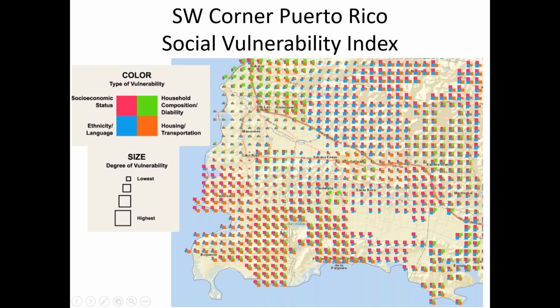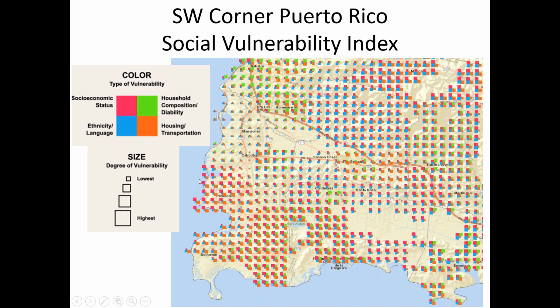Let's go in a little closer here. You can see that the glyphs are set, 4 of them kind of offsetting each other. Up in this area, you see a lot of blue, so you know that there is an ethnicity and language vulnerability there. If you see a lot of green, the vulnerability is household composition and disability.